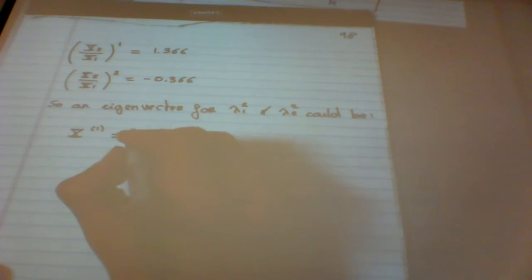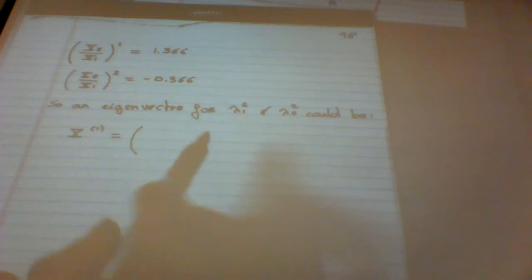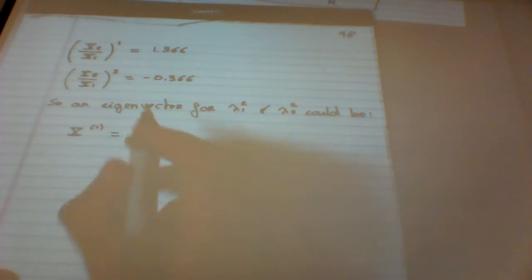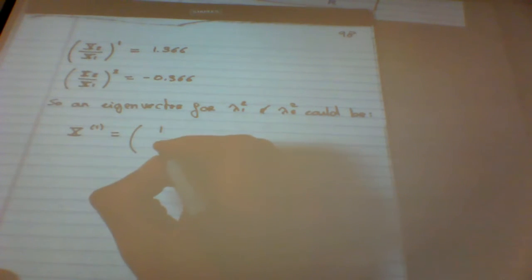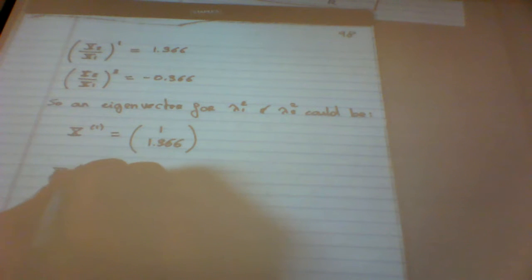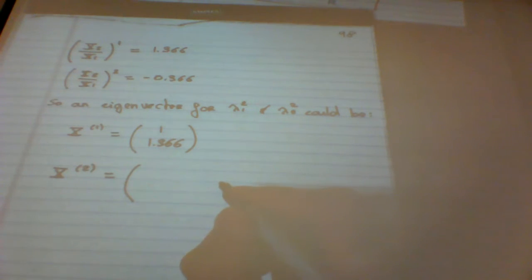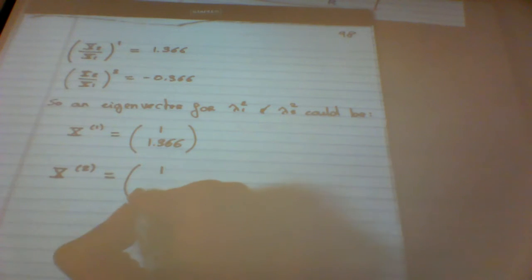For the first one, what do you want to select? It would be 1 and then 1.366. So we select x1 equal to 1, x2 is going to be equal to 1.366. And then for the second one, let's do the same criteria. Sure. So if we select 1, and then negative 0.366.